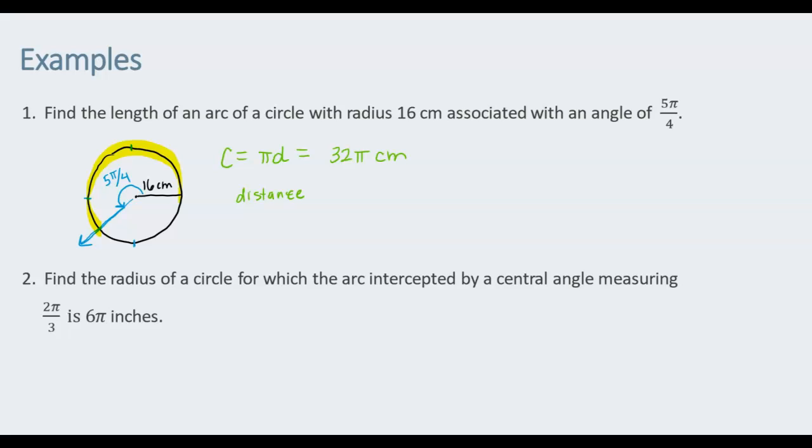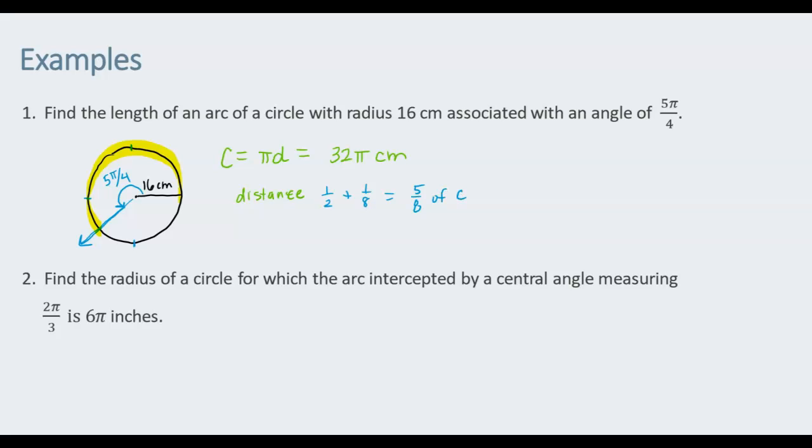Or 1/2 of the total distance, plus 1/8 of the distance, which is 5/8 of the total distance of the circumference.